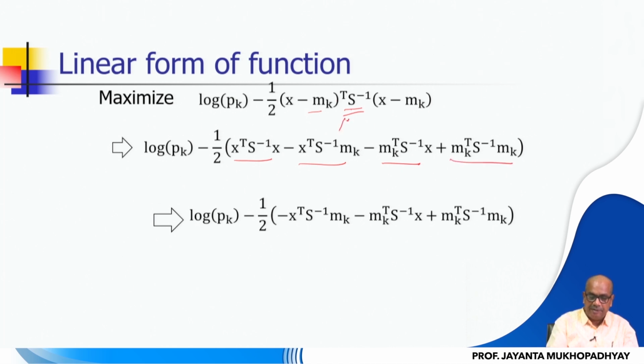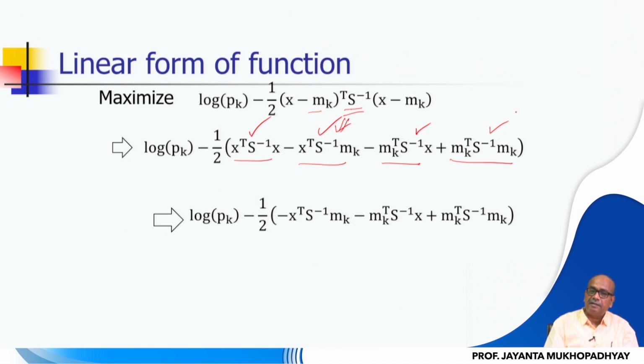And here, what are the terms which are variable with respect to x? This one is varying with respect to x, this is varying with respect to x, this is varying with respect to x, and this is varying with respect to, of course, the class.